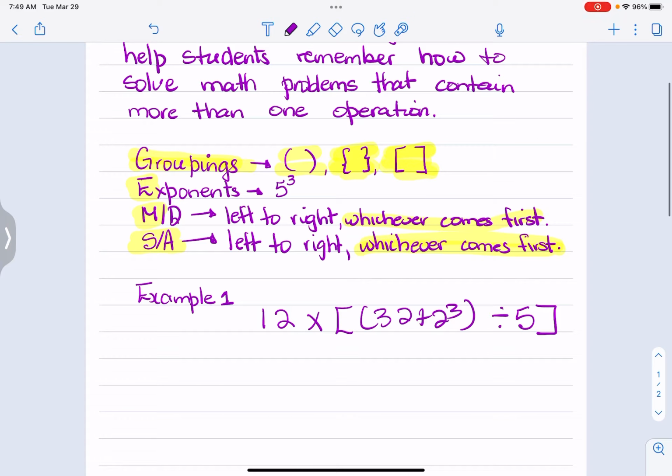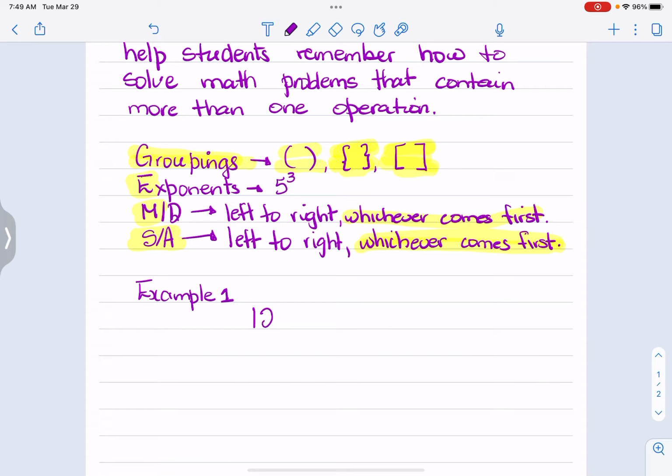Let's look at example number 1. Example number 1 was already written. How nice. Let me go ahead and rewrite it just so that we can see the exponents correctly.